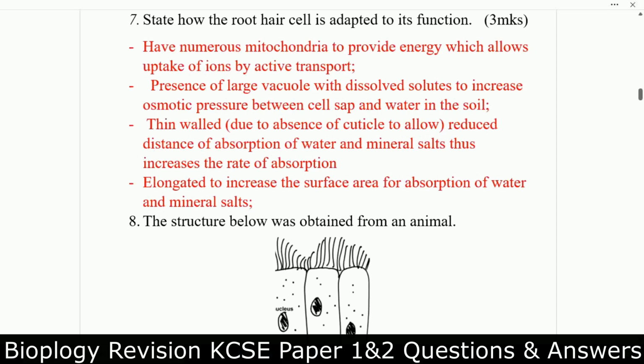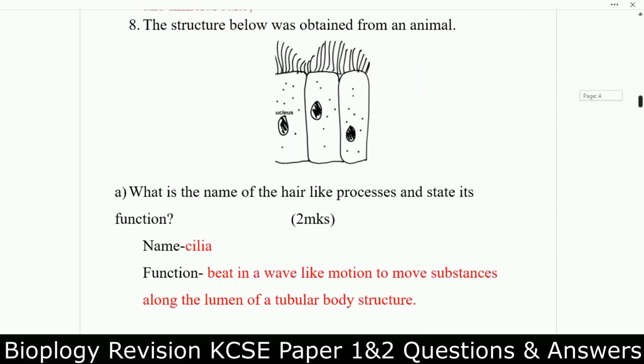Let's go to question number 8. You're told the structure below was obtained from an animal. You can see it here. You are given the nucleus, and that's how it is appearing.